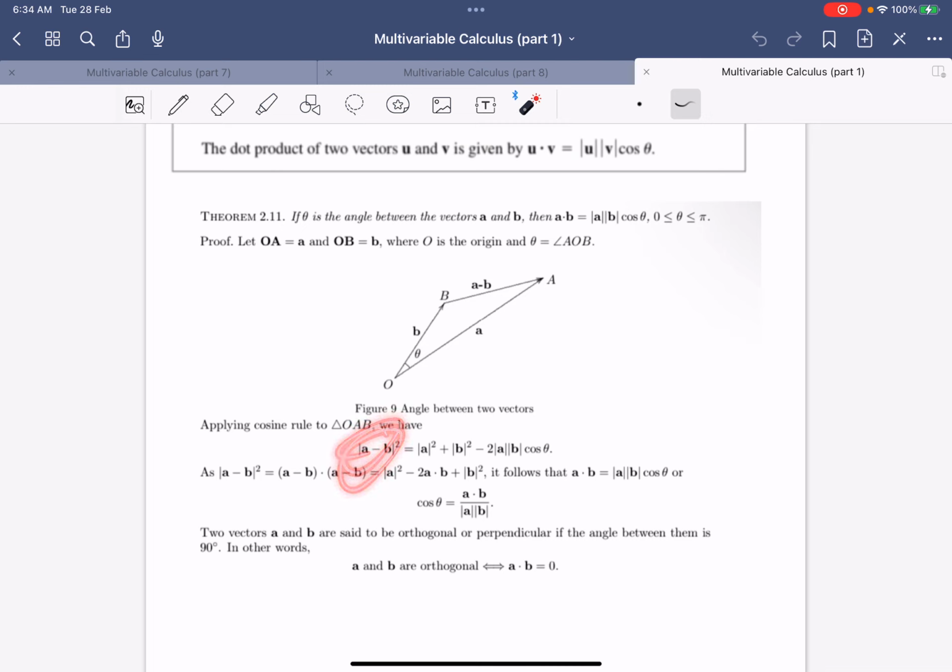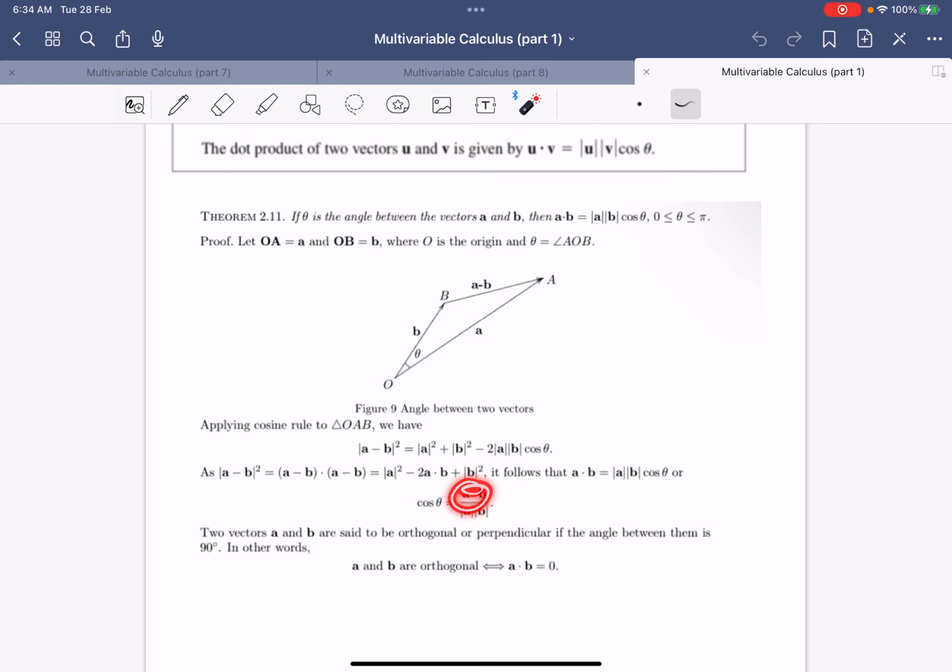And a minus b squared is actually (a minus b) dot (a minus b). If you expand this out and equate them, you see that cosine theta equals a dot b over the length of a multiplied by the length of b.